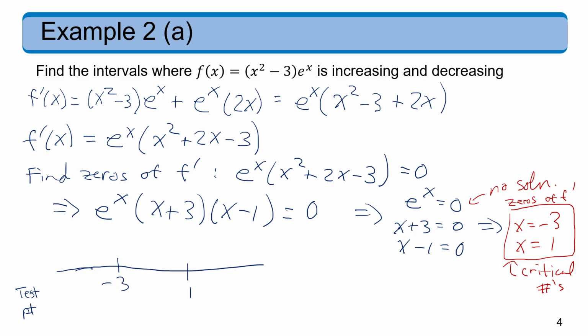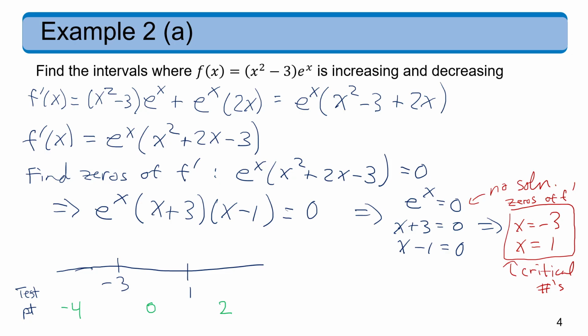On the left subinterval, I can choose any number less than negative 3, so I'm going to choose negative 4. In the middle subinterval, choose any number between negative 3 and positive 1, so I'm going to choose 0. And then the right subinterval, any number greater than 1, I'm going to choose 2.